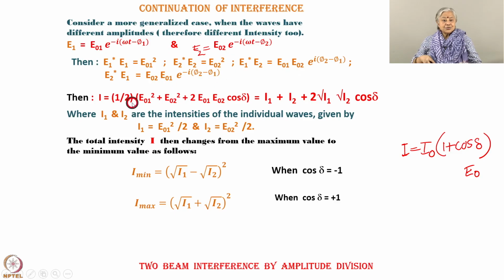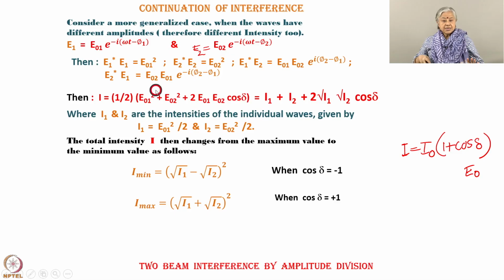Now, again I plug it into the intensity formula. Then intensity I is half (E01 square plus E02 square plus 2 E01 E02 cos delta). Delta is again the same, phi 2 minus phi 1, the difference in phase between the two waves. All I have done this time is change the amplitude of the two waves, nothing else. Each of them has its own phase.